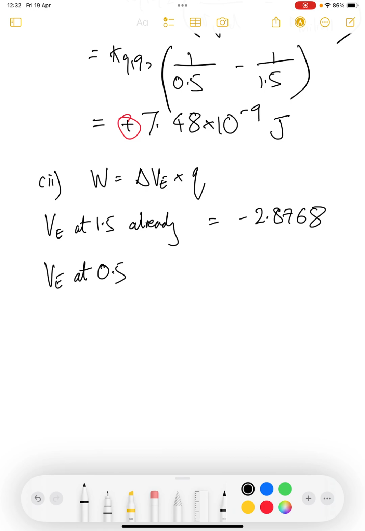So what we can do is that we can do the sum.